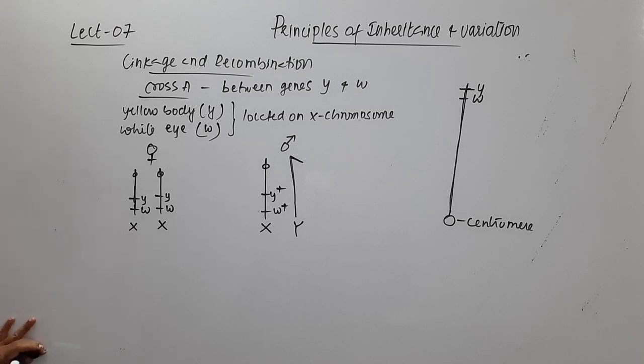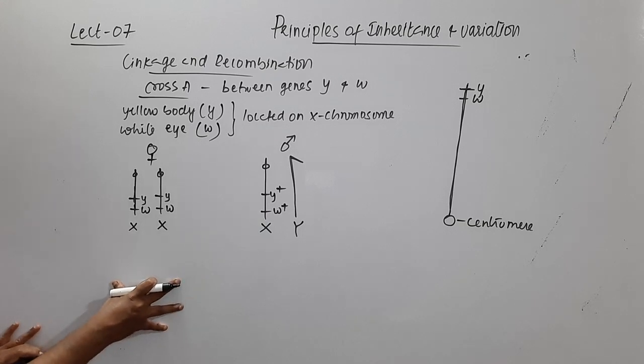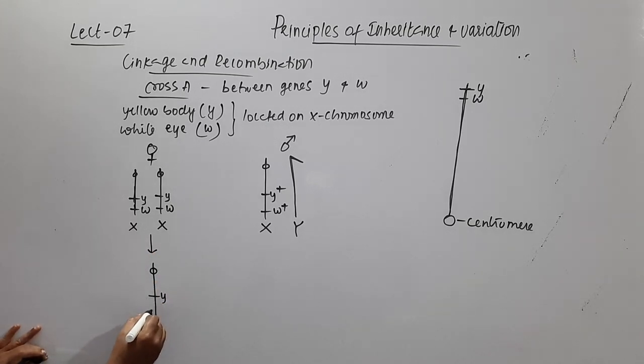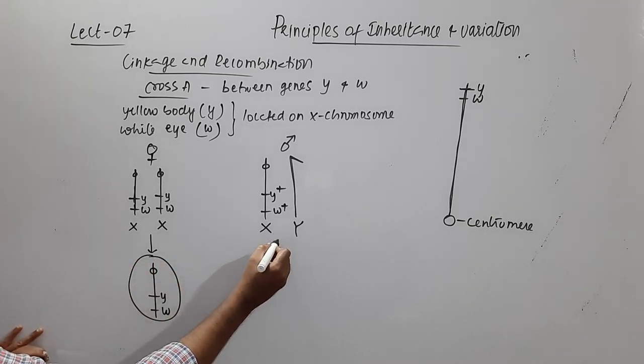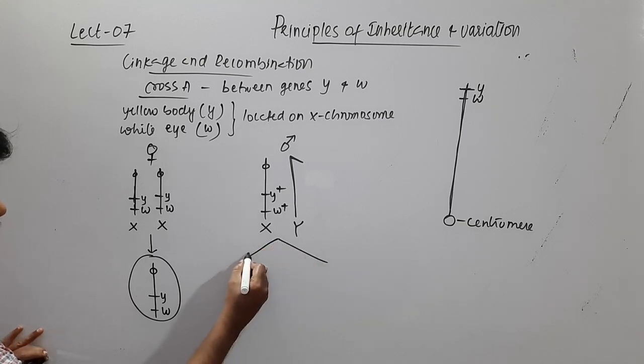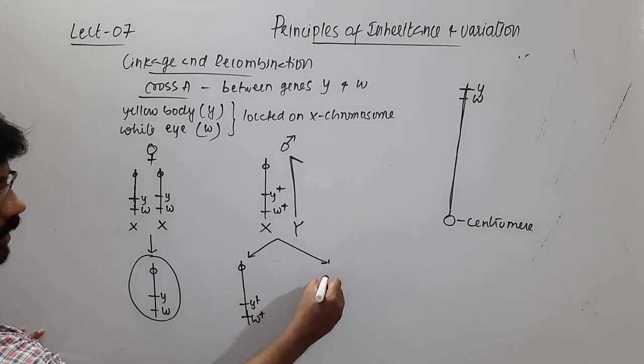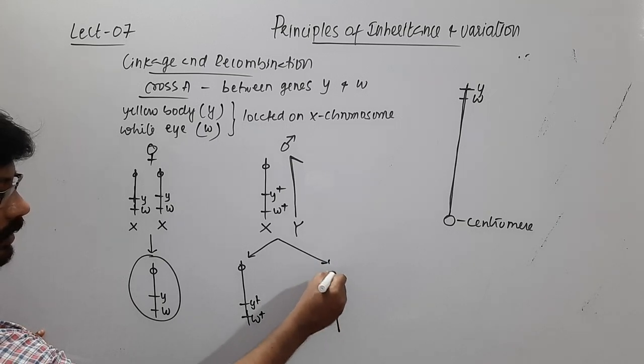During the formation of gametes, we know that this will result in formation of only one type of gamete, so YW. And here it results in formation of two gametes, so here Y plus and W plus, and this is another one.